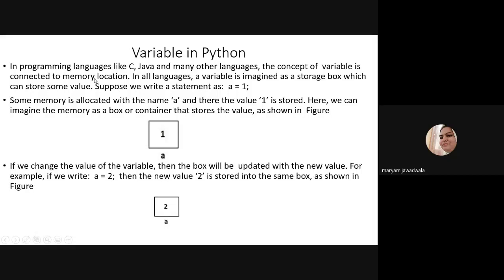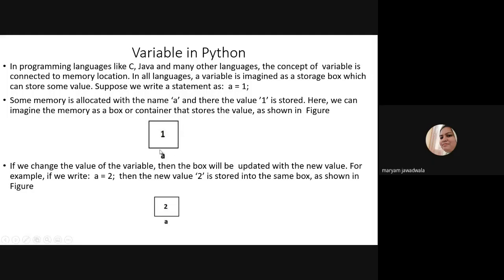Now the next very important point is variables in Python. In other programming languages like C and Java, the concept of a variable is associated with a memory location. Suppose I write the statement a equals 1, then what happens? Some memory is allocated with the name a and the value of that is 1.